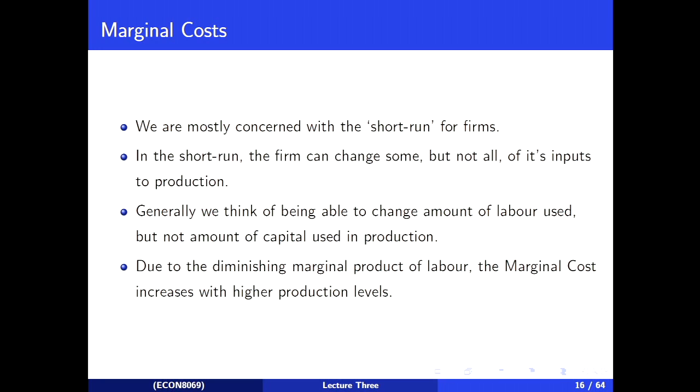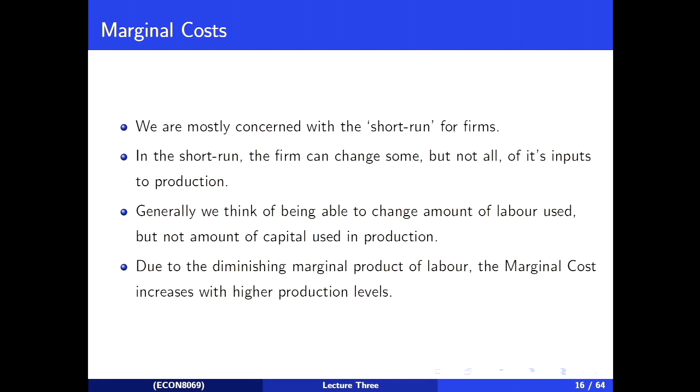And so what you end up with is that the first couple of units are being produced by the most productive, most efficient person, and so they're really cheap to produce. So you have really low marginal cost. These first few units are produced by the most productive, best person that we have, and so they're pretty cheap to produce. Then we have to hire our second person.